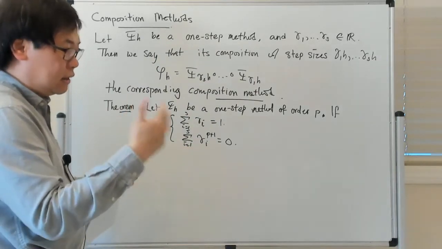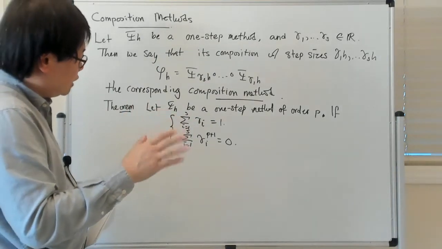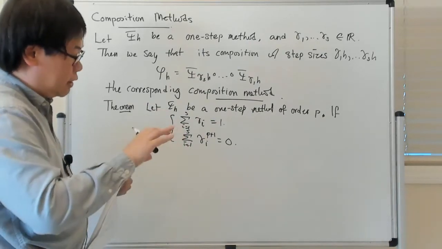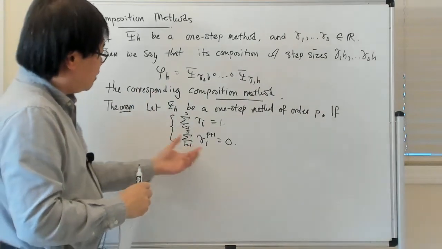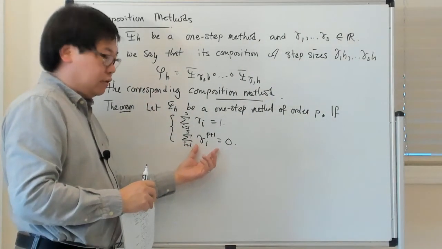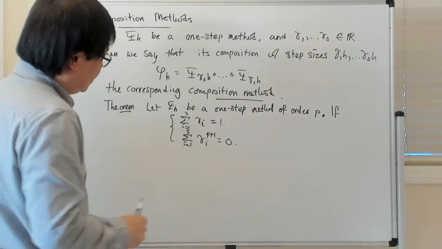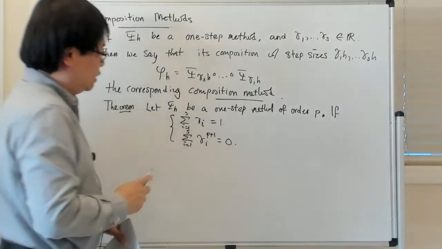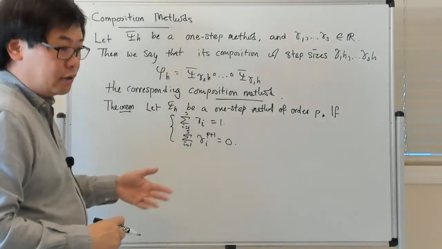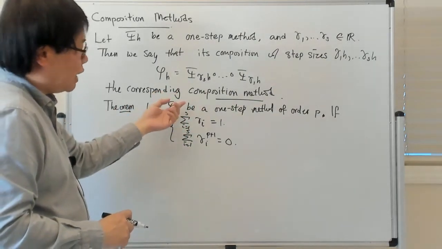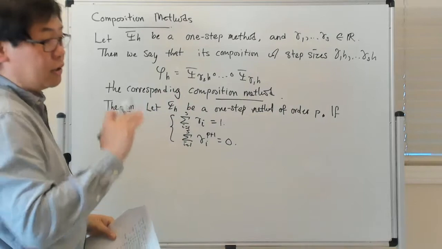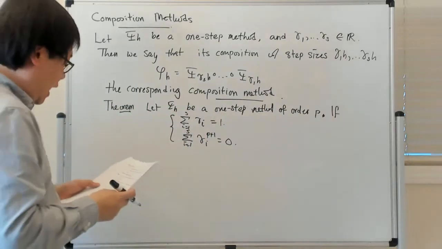When you look at the errors, you'll see that the leading order error term in the composition involves this as a factor. So if you set that sum to 0, then that leading order error term, which is the same order as the underlying one-step method, vanishes, and you get a method which is actually one higher order.